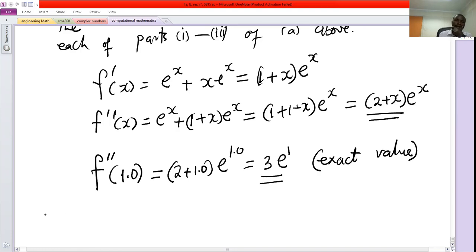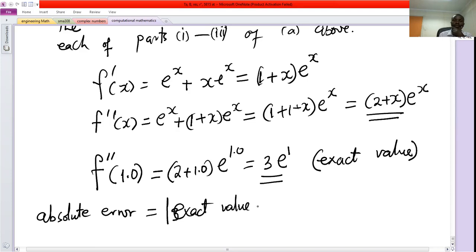So we know that absolute error is given by the difference between exact value minus approximate value.